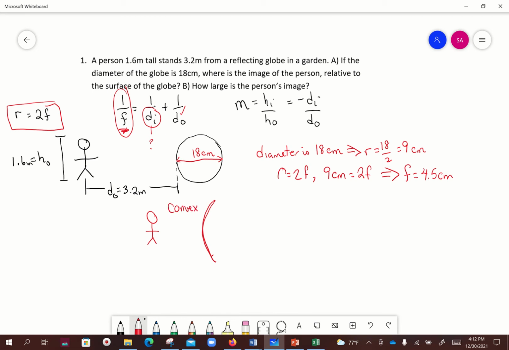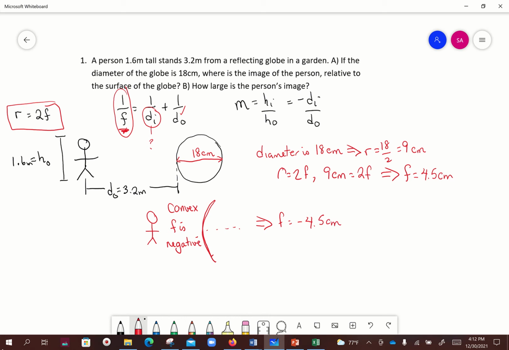So for convex, the focal length is on the virtual side, it's on the side where the light doesn't get to, so the focal length is negative. So when I put my numbers into the equation, I have to put that F is equal to minus 4.5. If I don't do that, I'm not going to get the correct answer.